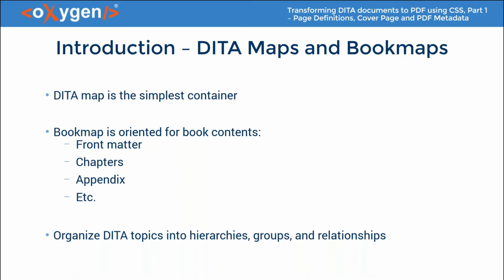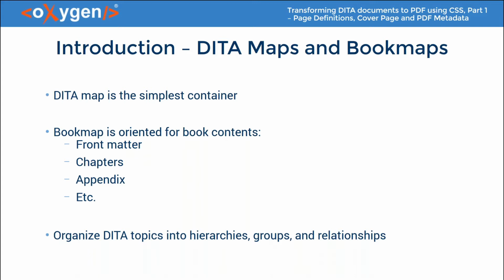For users who already know about DITA, DITA is composed of multiple document types, which are linked in a map, which is called the DITA map, which is the default container for all the DITA documents.